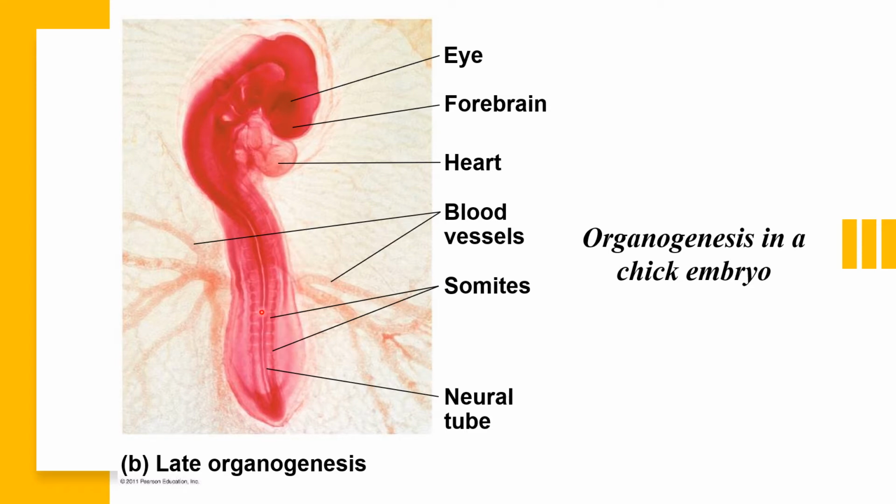And then there's also the formation of the somites and of course the neural tube. So comparing from what you have seen a while ago from the early organogenesis, which is apparently happening after the neurulation part, eventually with the late organogenesis, you will already see the development of the distinct parts of an animal model. Okay, so in here we have the chick embryo as an example.